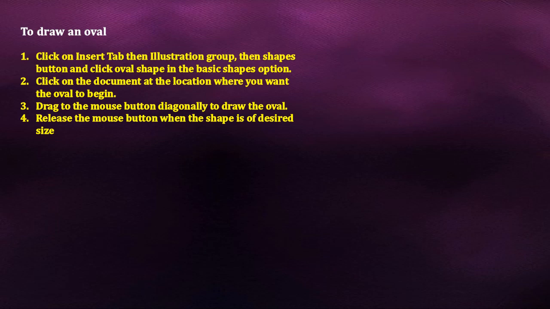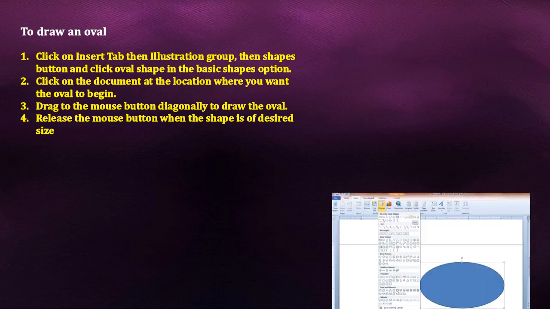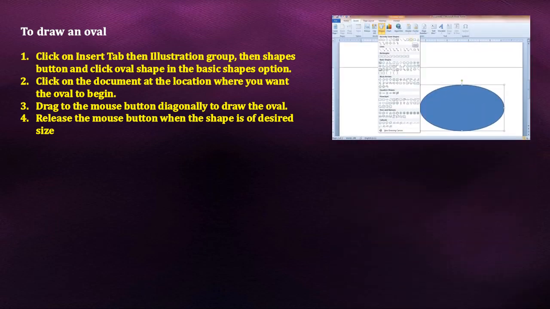Drag the mouse diagonally to draw the oval. Release the mouse button when the shape is of desired size. Please see the image. It shows the oval button in the Shapes toolbar, and in the document, it shows the oval shape.